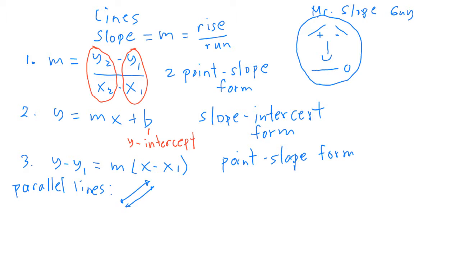So the relationship between the first slope and the second slope of the lines would be equal. So m1, the first slope, is equal to the second slope. That's how we know that the two lines are parallel. And then we have the condition for perpendicular.